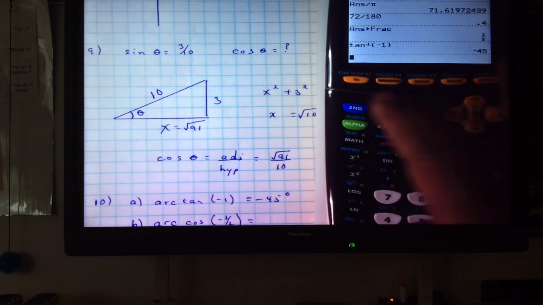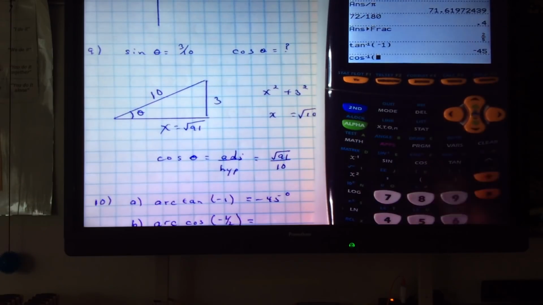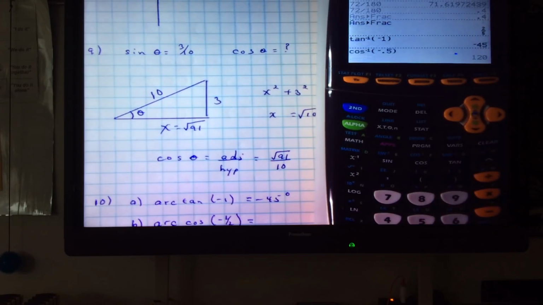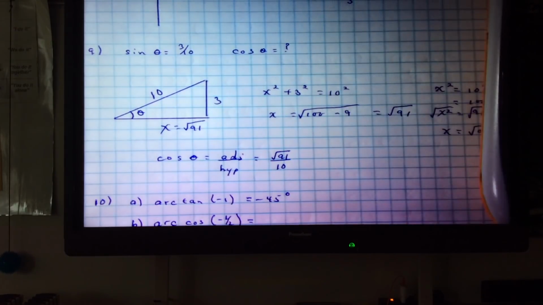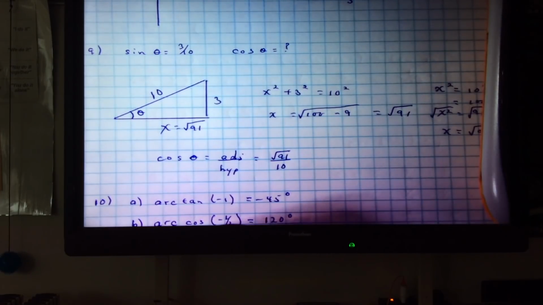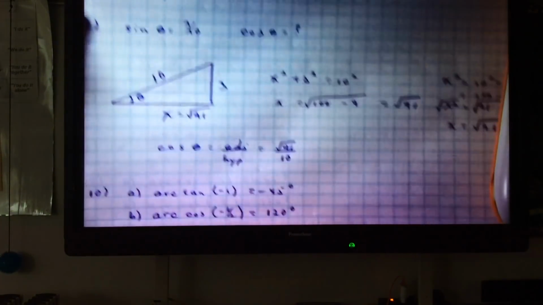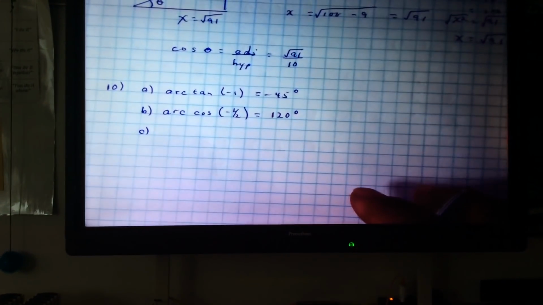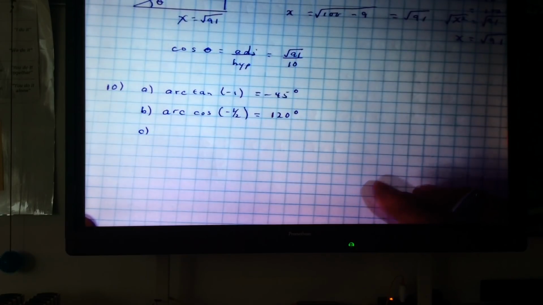So this will be second cosine of -0.5, and I get 120 degrees. In C, I'm kind of getting off the table now, is the arc sine of square root of 3 over 2.